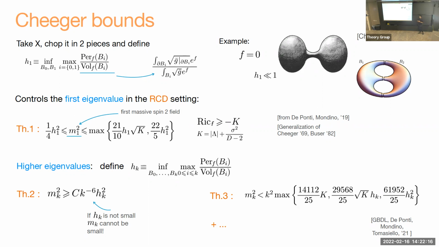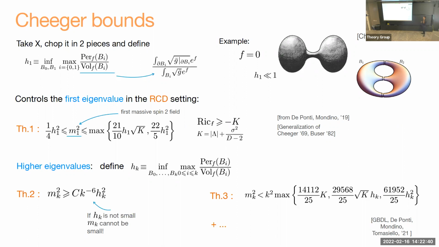This time, instead of chopping the manifold into two pieces, you chop it into k pieces and compute these ratios. This defines all the higher order Cheeger constants. In terms of these, we have proven that you can bound the higher eigenvalues, so the higher spin-two fields, both from below and from above.